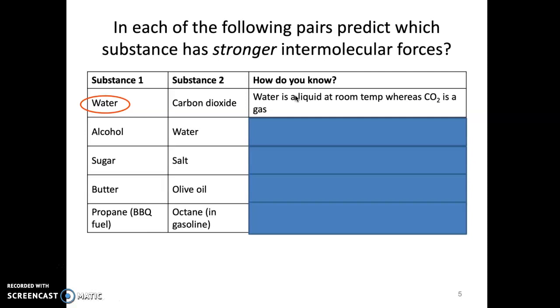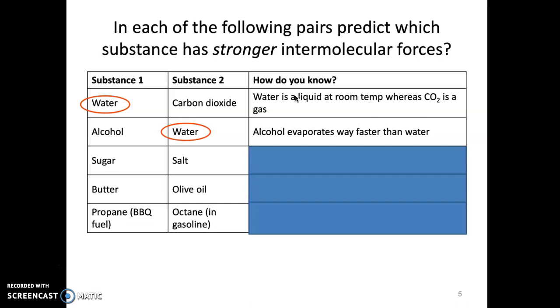Then between alcohol and water, the way I would explain this goes back to the hand sanitizer example I gave earlier. Hand sanitizer, which is made mostly of alcohol, evaporates really fast, which tells me that its intermolecular forces are weak. So then water has the stronger intermolecular forces.